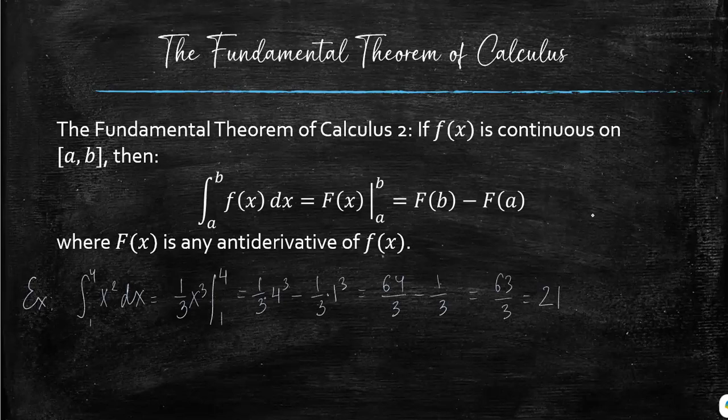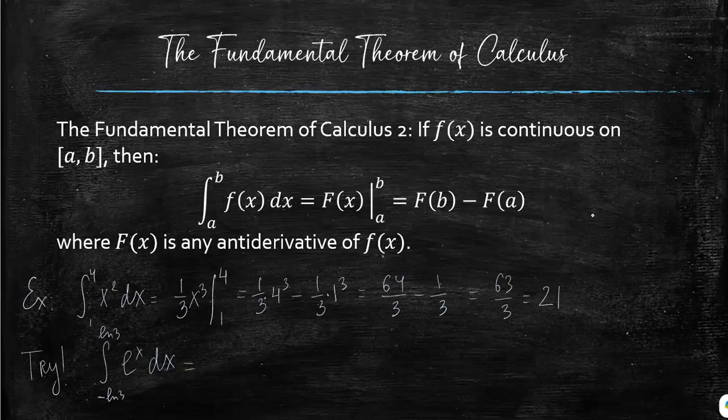Now I want you to try and use the Fundamental Theorem of Calculus by doing the following problem. Feel free to pause and work this out yourself, but I'll start solving this in 3, 2, 1.